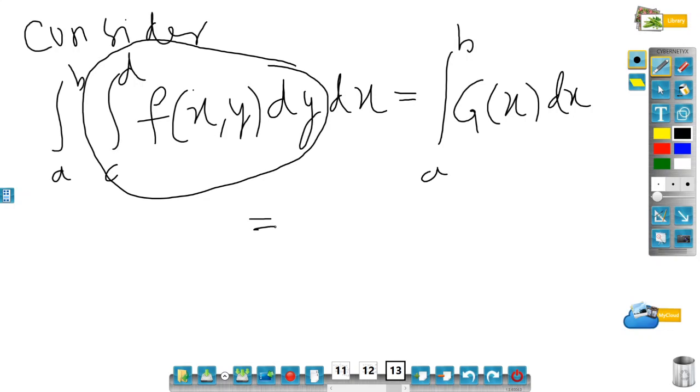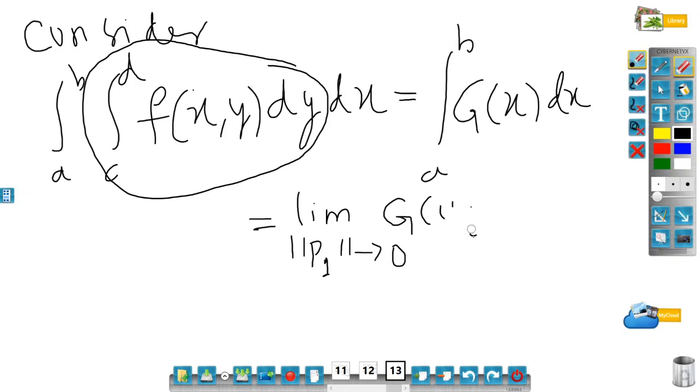So I can use the definition of Riemann sum on g of x. What it says is that this is the same as limit as norm P1 goes to 0 of g of ui. I should take the summation that I forgot to take.